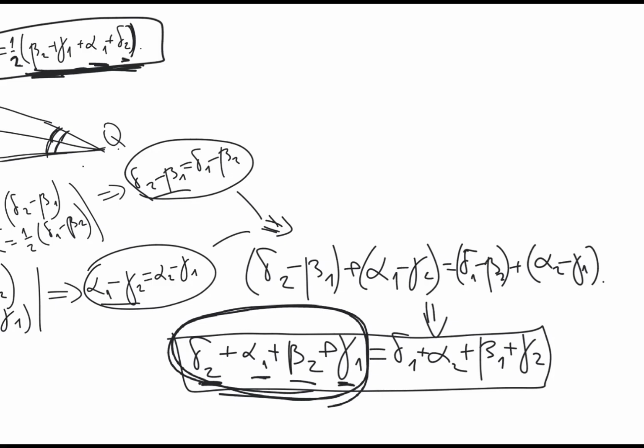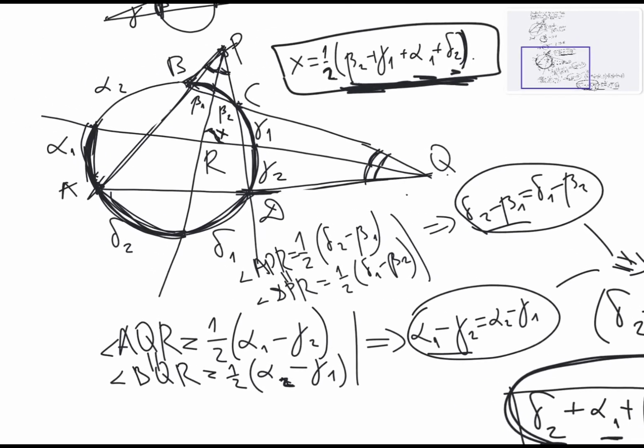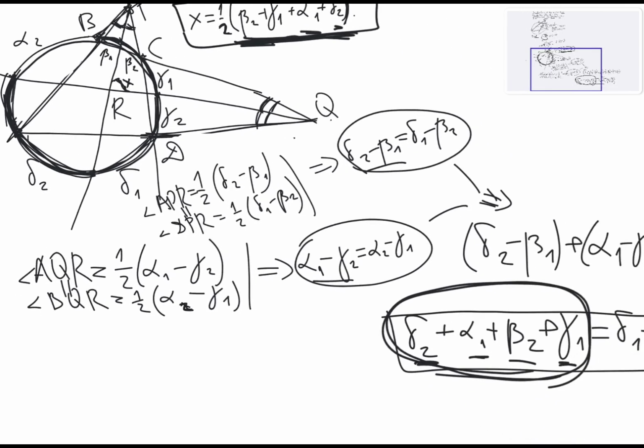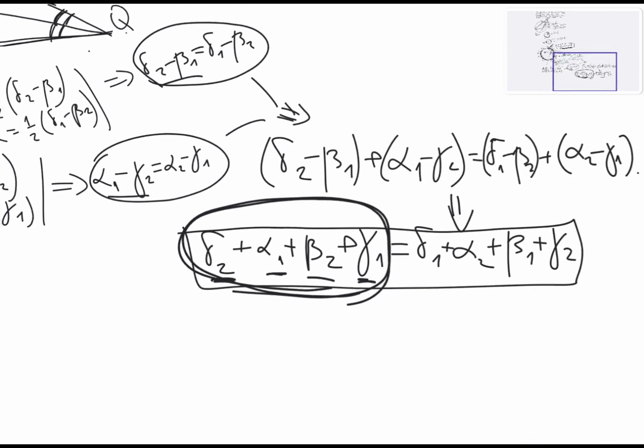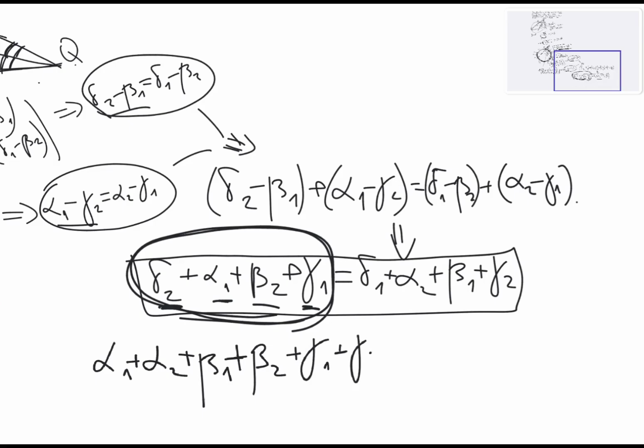And now we need one more equality, that the sum of all these arcs is the full circle. So basically alpha 1 plus alpha 2 plus beta 1 plus beta 2 plus gamma 1 plus gamma 2 plus delta 1 plus delta 2.